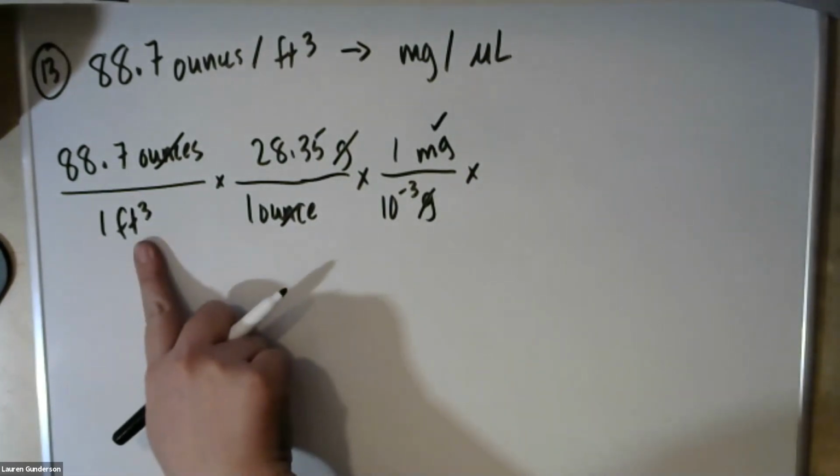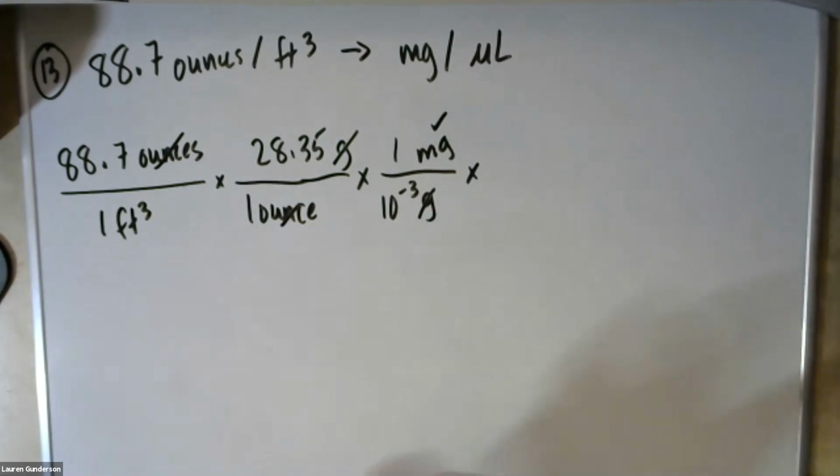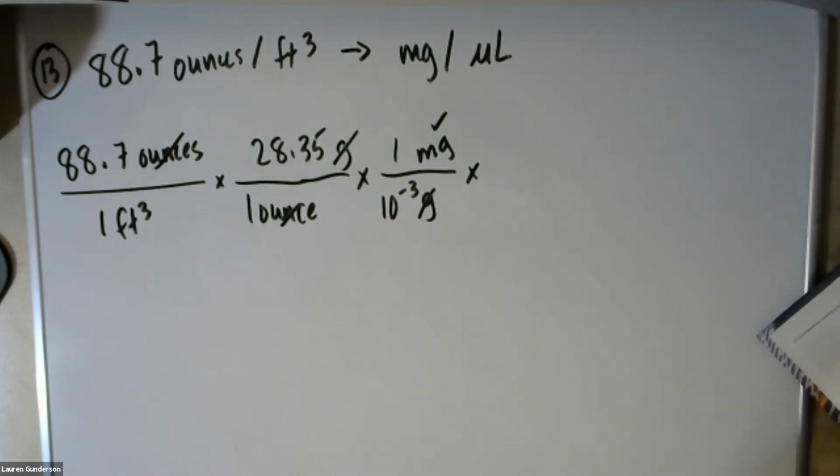So now we're going to work on cubic feet to microliters. And this is one where you might be like, why? Right? But you just have to go step by step here. You can look back at your table 1.3, and the 1 unit in here that includes feet in it is the conversion between feet and centimeters.